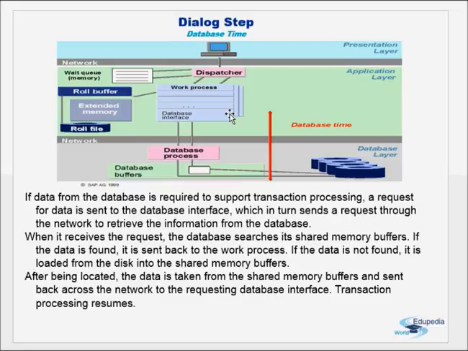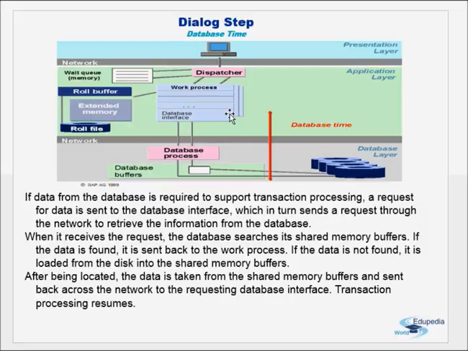If data is found, it is sent back to the work process. If data is not found, it is loaded from the disk into the shared memory buffers. After being located, the data is taken from the shared memory buffers and sent back across the network to the requesting database interface. Transaction processing resumes.